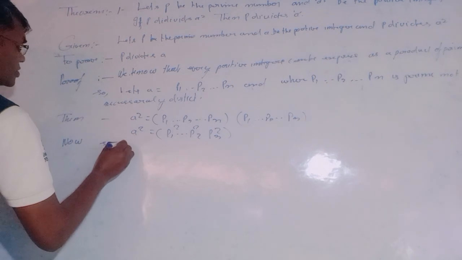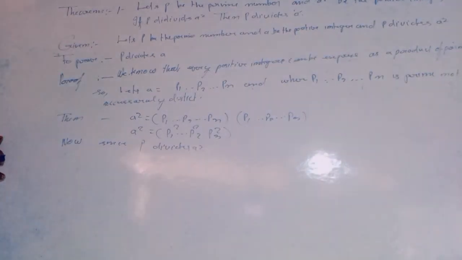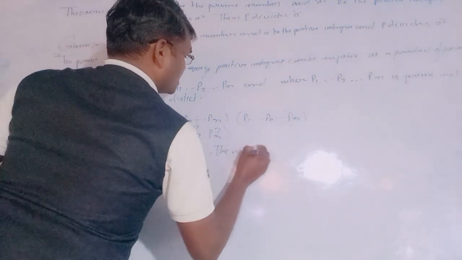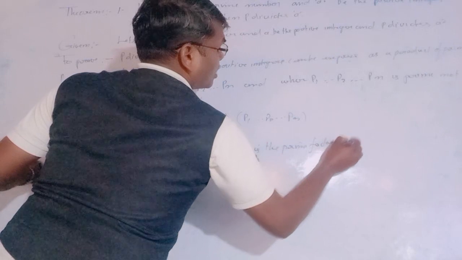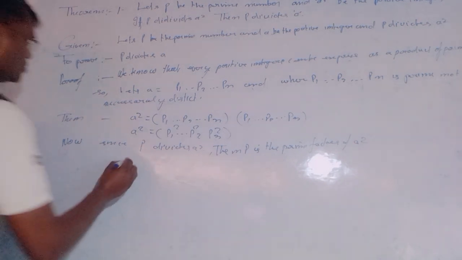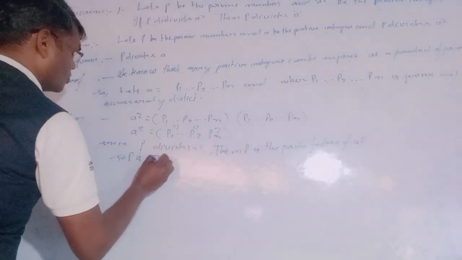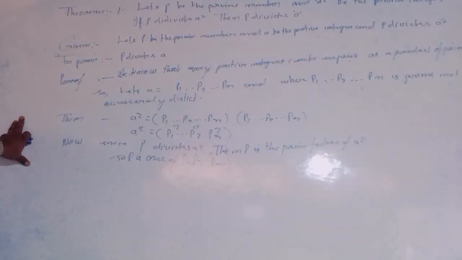Now since p divides a square, p is a prime factor of a square. So p is one of p1, p2, up to pn.